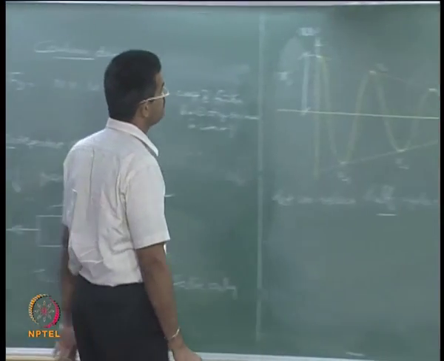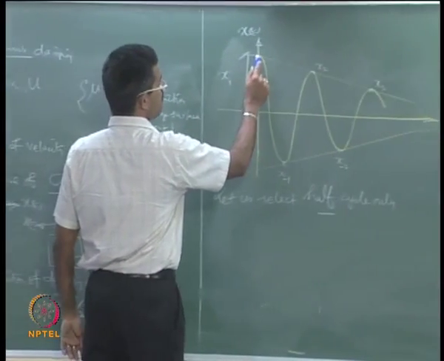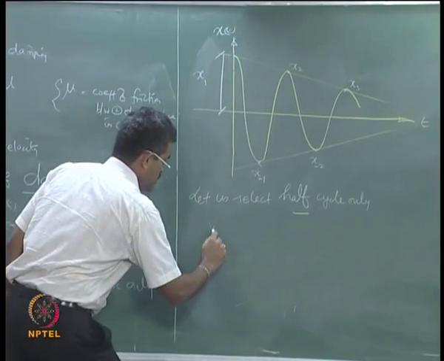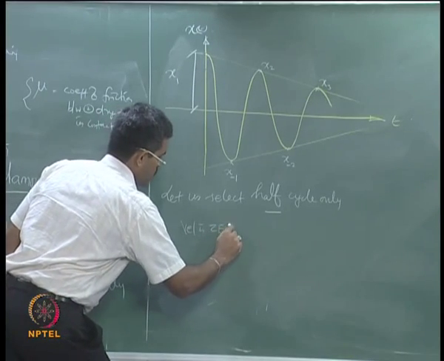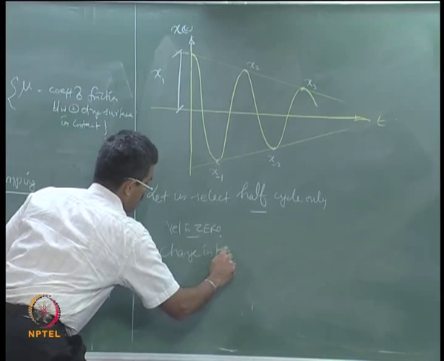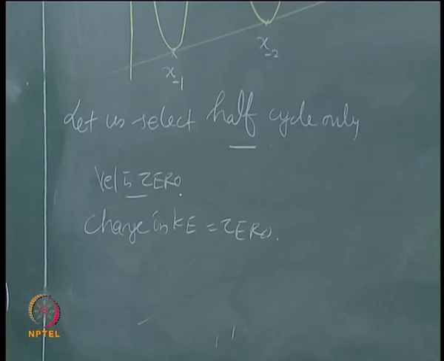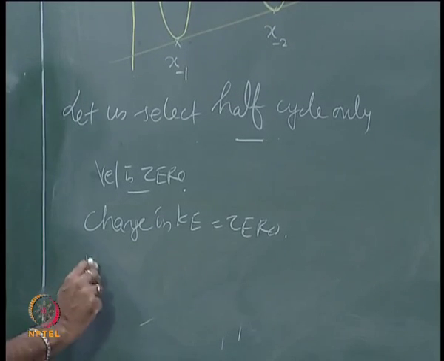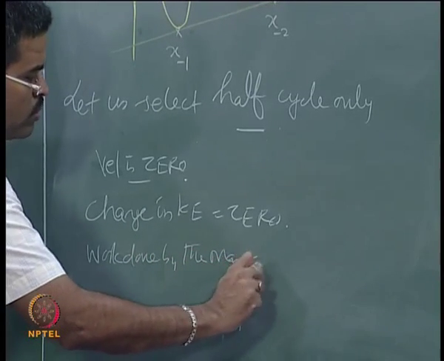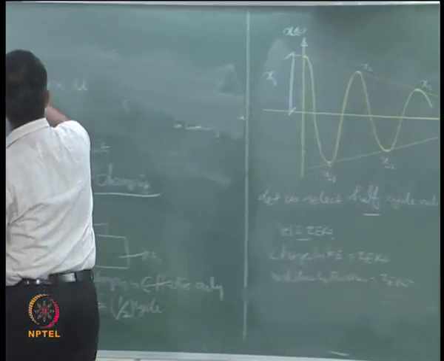So, now I can say if the velocity is 0, you have to draw this curve very carefully, there is no slope here, there is no slope here. So, the velocity is 0. Therefore, the change in kinetic energy will be 0 and hence the work done by the mass will also be 0.